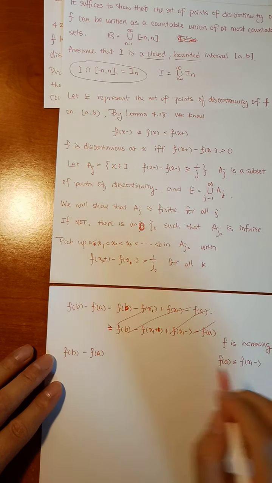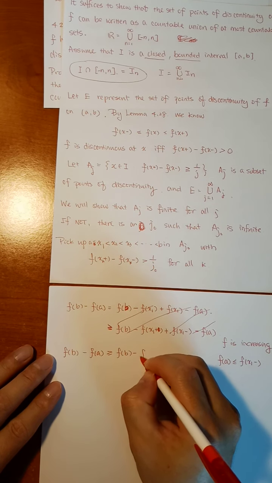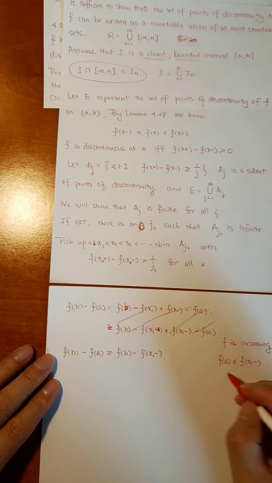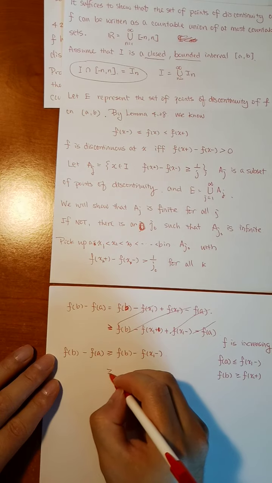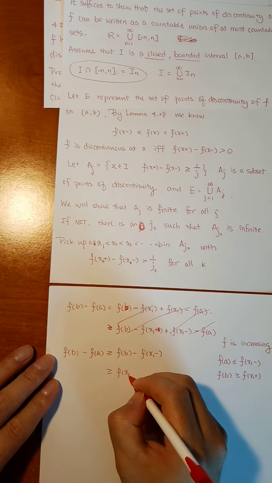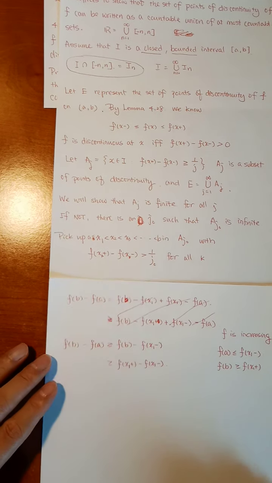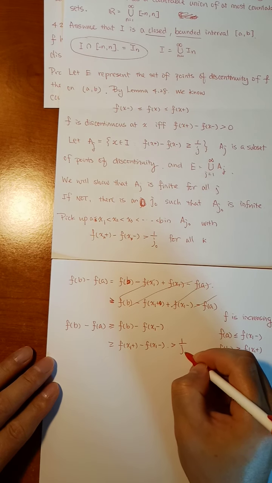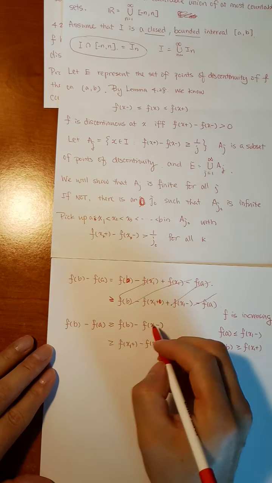So with the minus, it's greater than or equal to. And f(b) similarly is greater than or equal to f(x_1+). So this one is greater than 1 over j_0. That's one step.